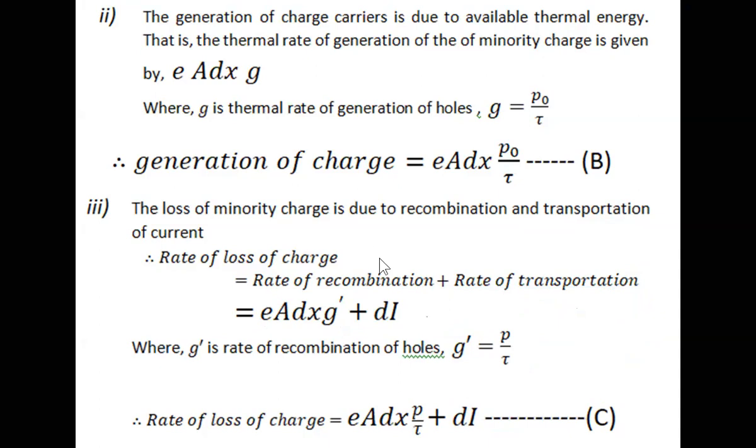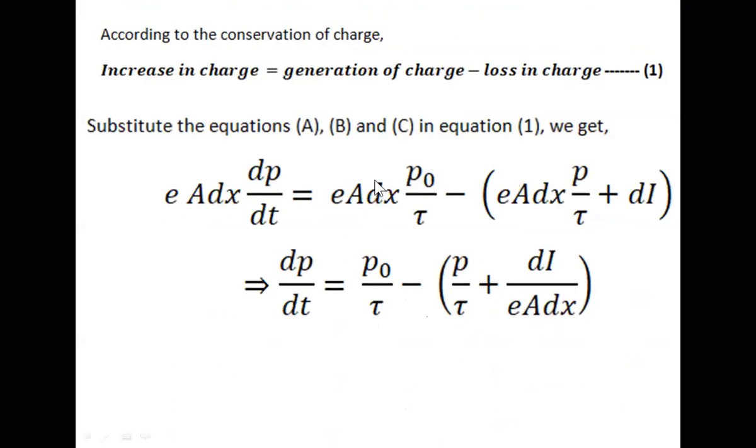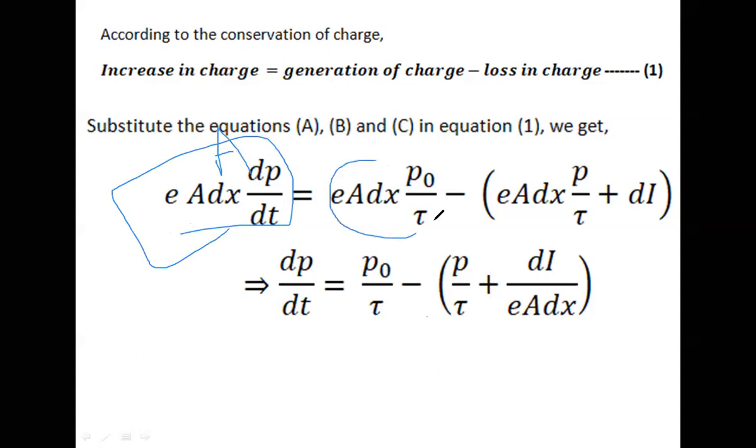I have rewritten equation number 1 here and am substituting equations A, B, C in it. Equation A represents the increase in charge, and the generation of charge is given by equation B, minus the loss in charge.